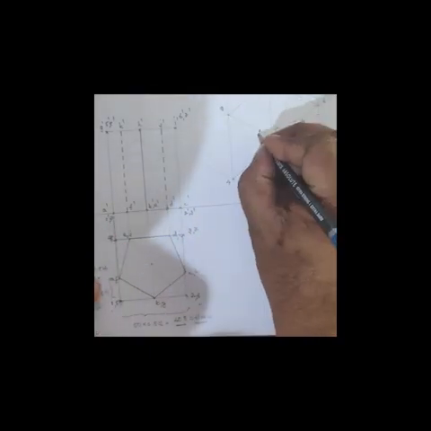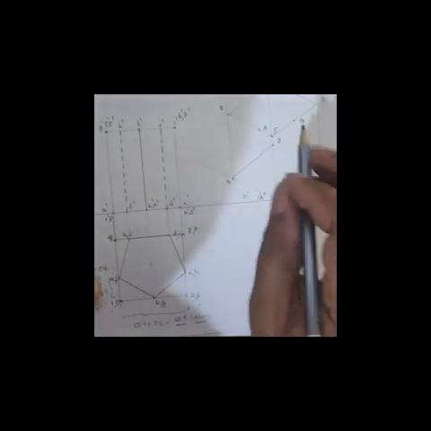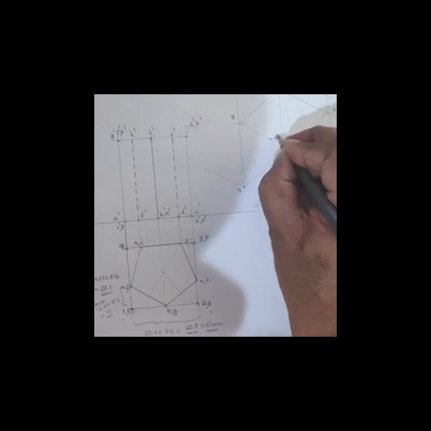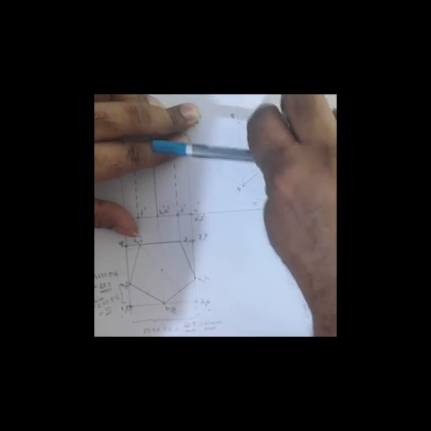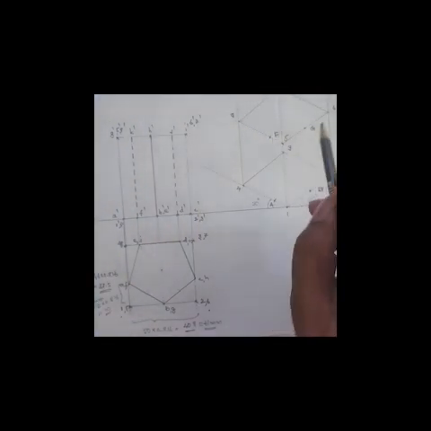Capital A is located on the base, and this is capital F. So we got A, B, G and F.